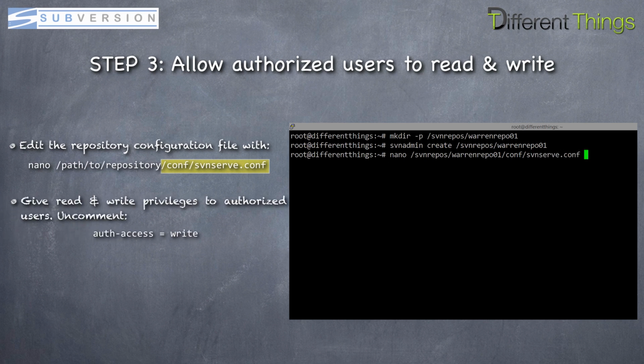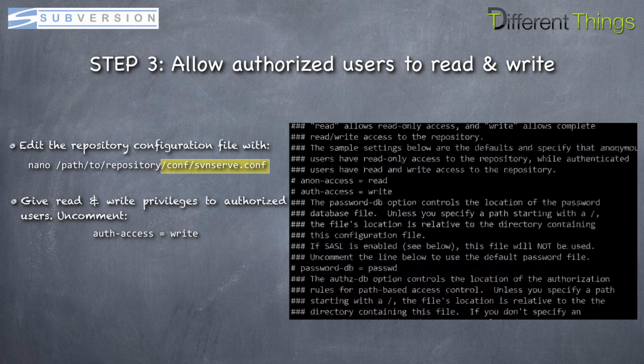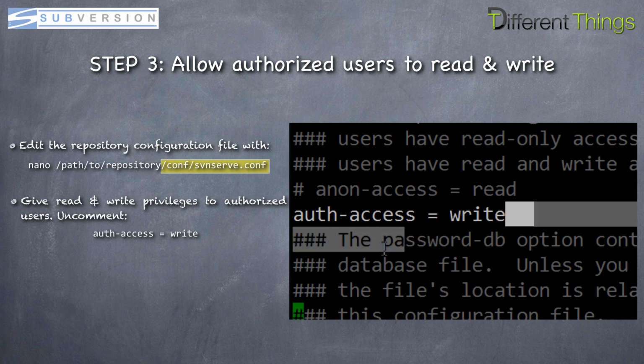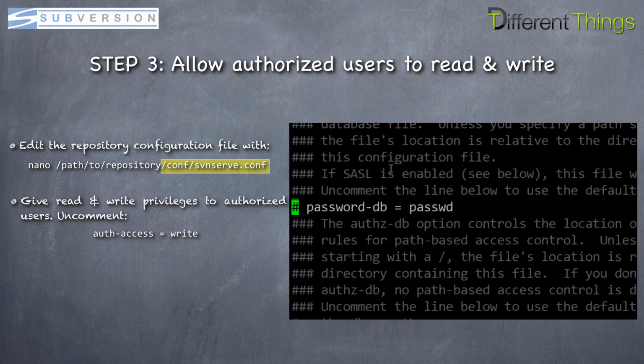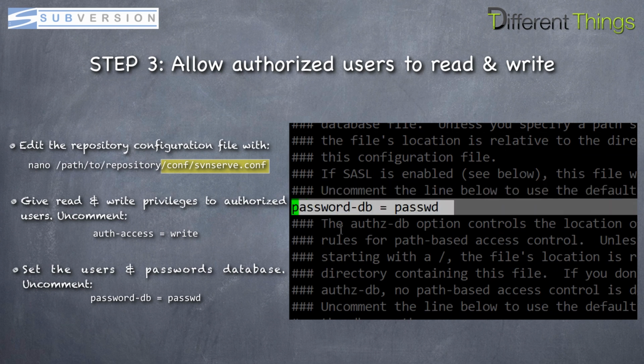Once you are inside the file, find anon-access equals write and uncomment it. This will give read and write privileges to authorized users. Also, uncomment password-db equals passwd to set the user and passwords database.